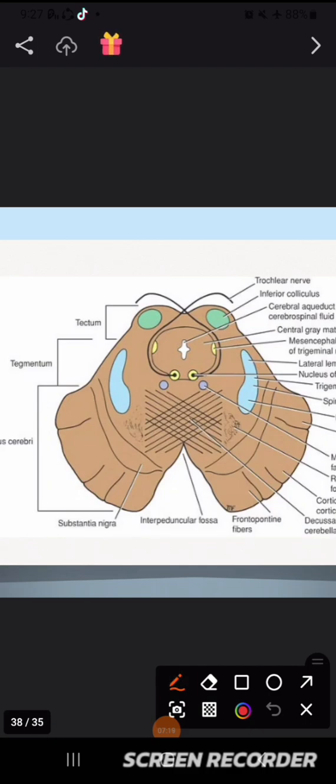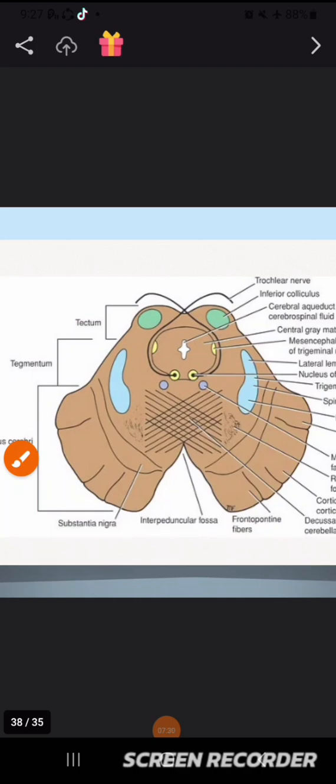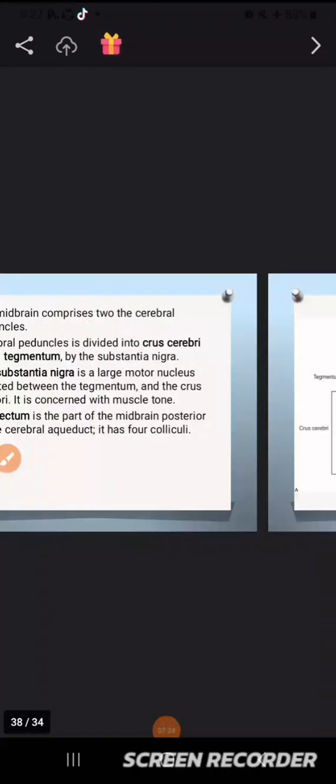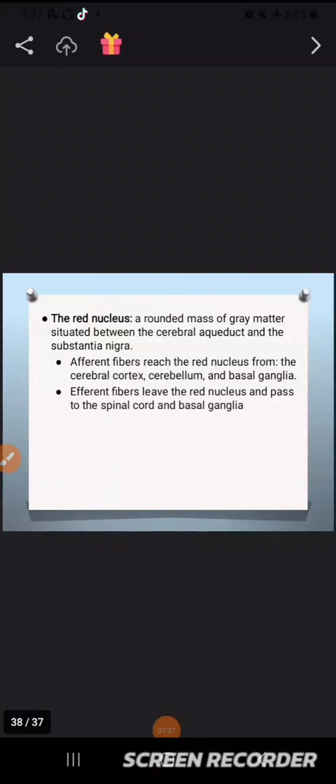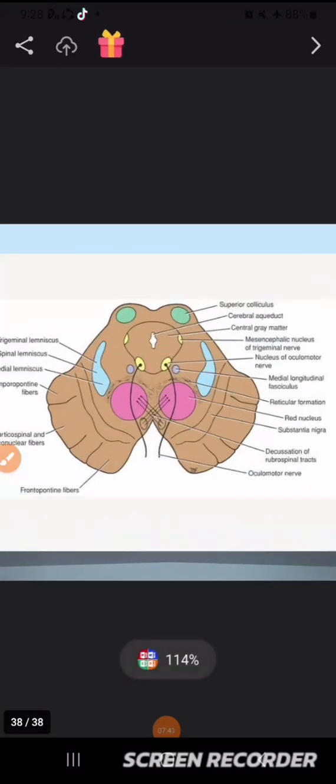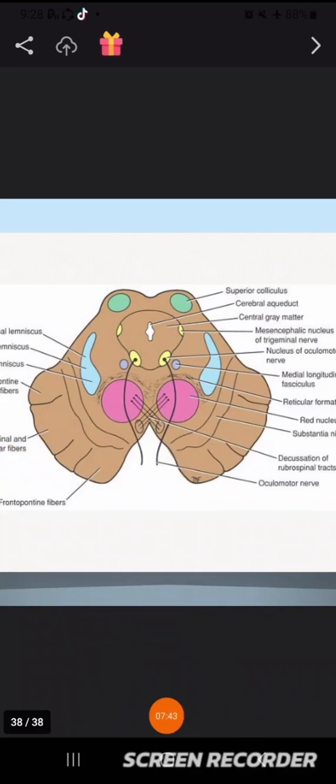At the level of the inferior colliculus, the nucleus is known as the trochlear nucleus, while at the level of the superior colliculus, this one is the oculomotor nucleus.